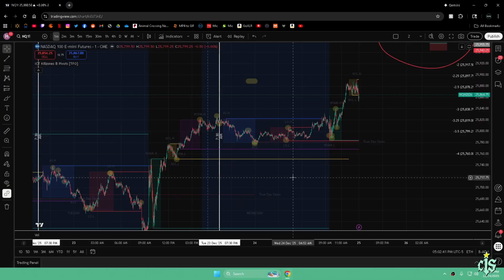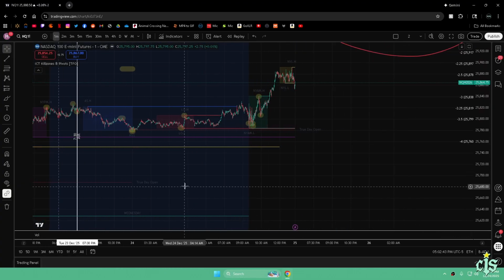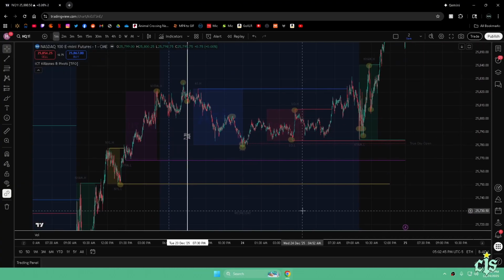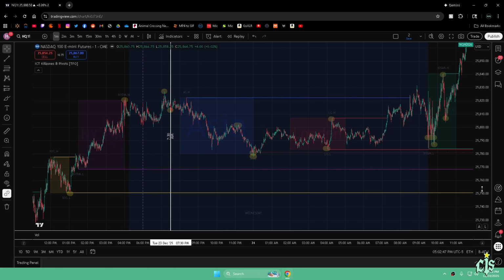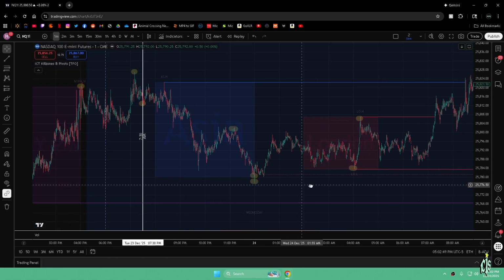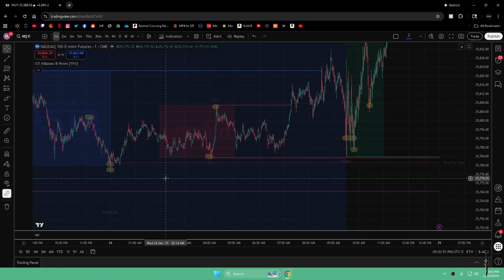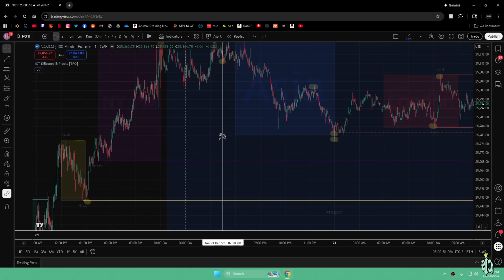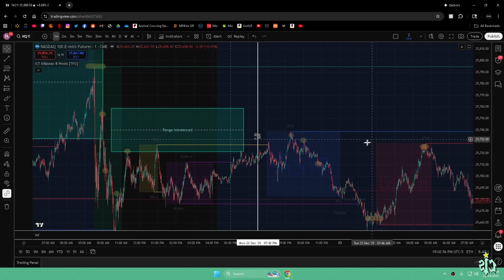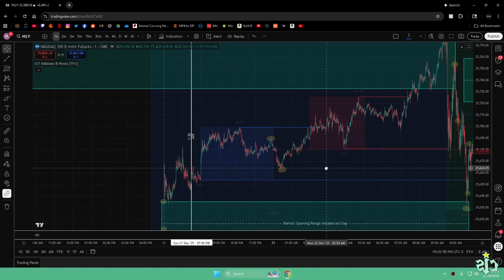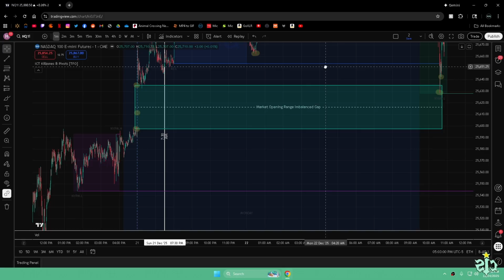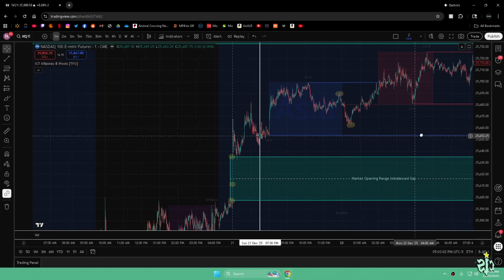So we'll go over today and how I took trades, or how I would have taken trades if my TradingView wasn't down. I have a lot of highlighted points, but actually we'll start on Monday. We'll do the 3 days of this week. So here's Monday.